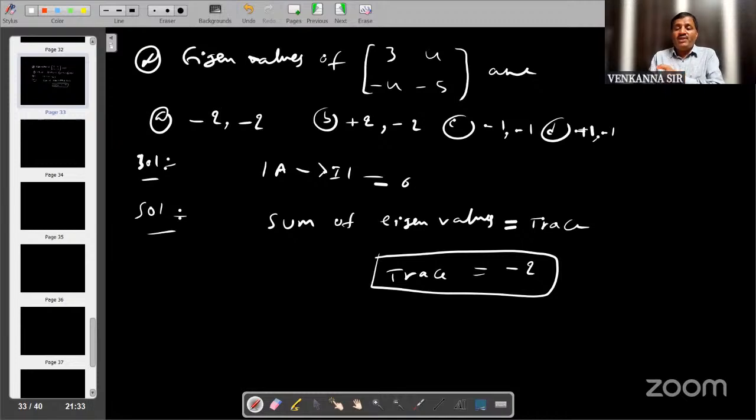Sum of the eigenvalues is the trace. Okay, no problem. It is option C. What is the sum of these eigenvalues? Minus 1, minus 1 gives minus 2. The others: minus 4, wrong; 0, wrong. Only option C is the correct answer. Straight away, hardly 5 seconds is enough to answer this question. Just go through that property: sum of the eigenvalues is the trace. Next question: eigenvalues of the matrix.